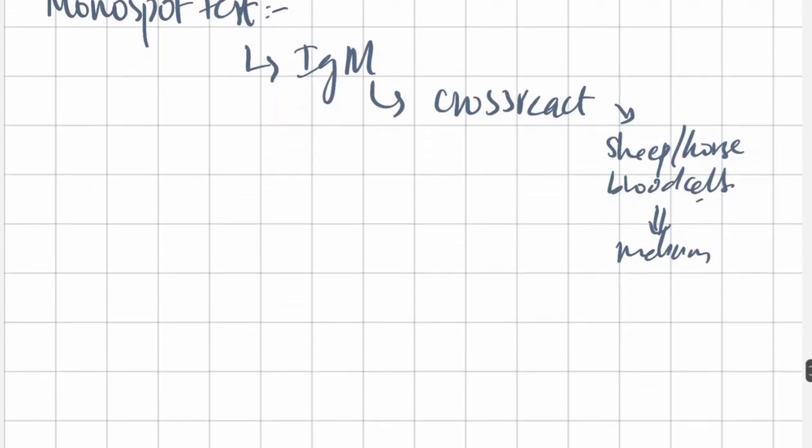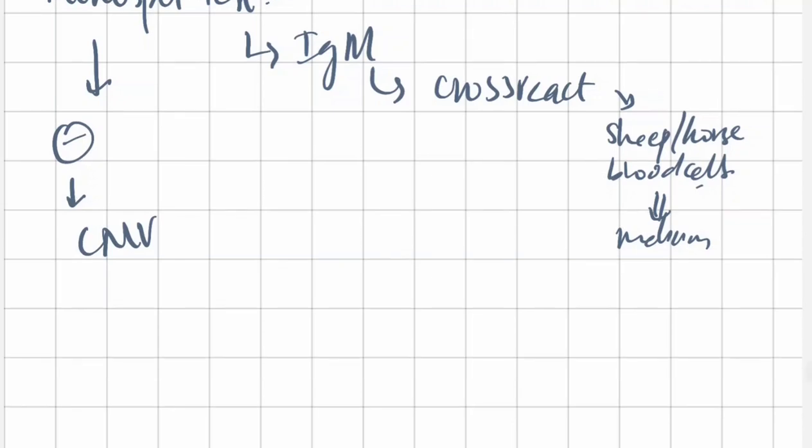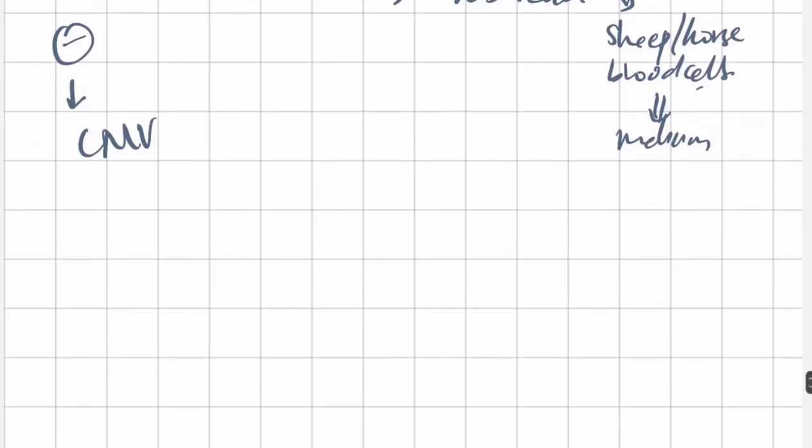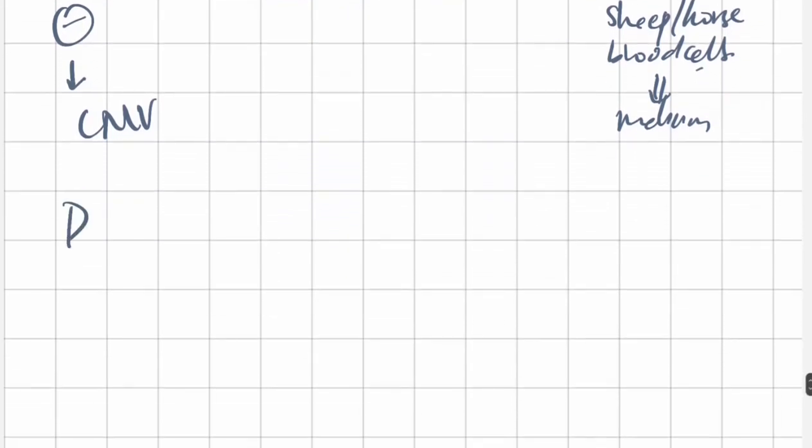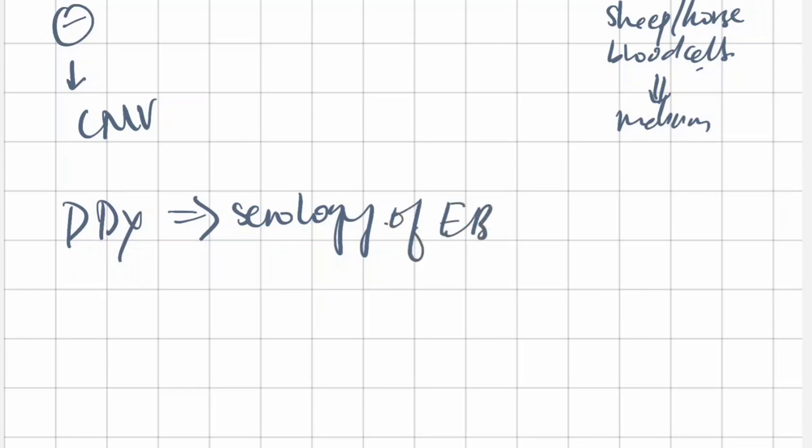If the monospot test is negative, then it could be CMV rather than IM. And of course, for a definitive diagnosis, we need to do serology. And that is it for today.